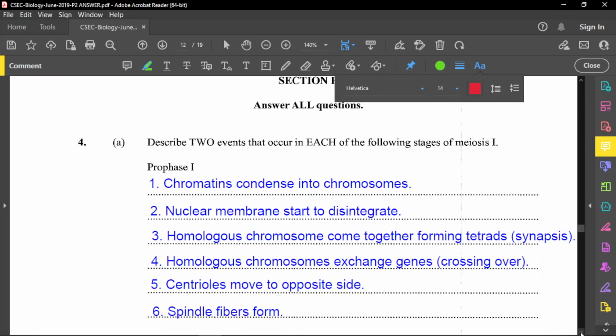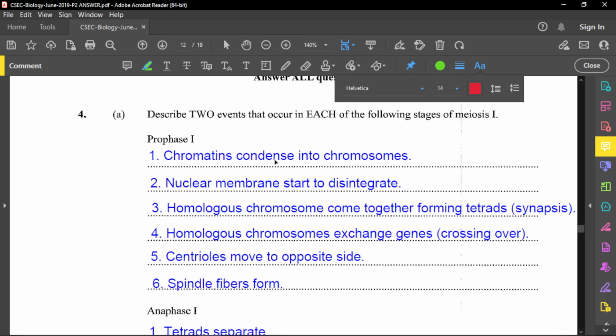And so in prophase 1, the chromatins, keyword here, the chromatins will condense into what they call chromosomes, all right, because the chromosomes now become visible in prophase 1. The nuclear membrane starts to disintegrate, very important. Homologous chromosomes come together and form what they call tetrads, and while tetrads are forming is a process called synapsis.